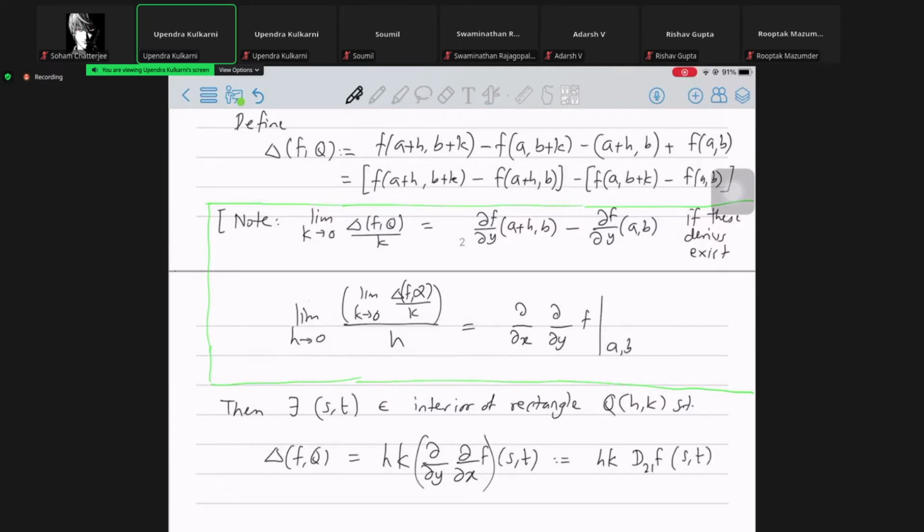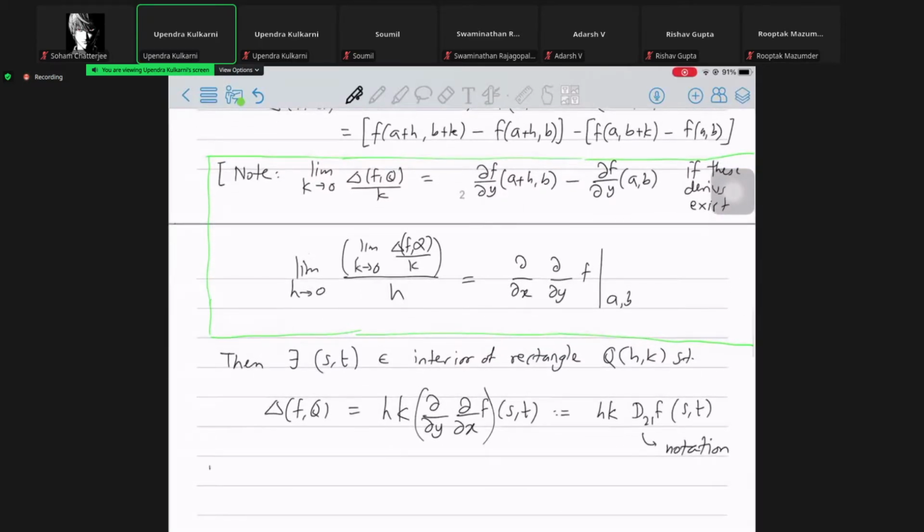That 2 stands for the partial derivative with respect to the second variable, and 1 is the partial derivative with respect to the first variable. So this is just notation. Of course, assuming that this partial derivative exists.